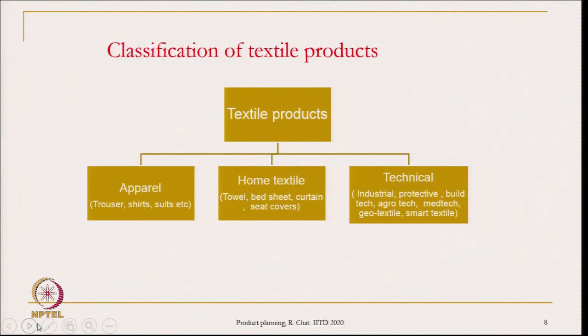We used to filter out the water also using a cloth, basically straining of water. So, that purpose we have used it. And we can say that we have used textile for a long time as a wicking material.